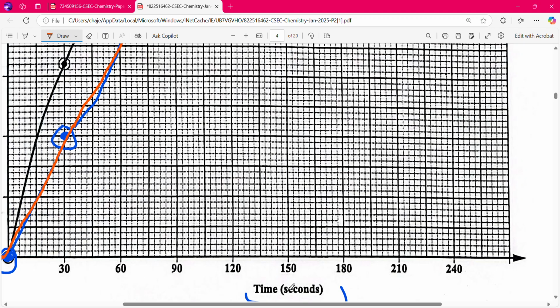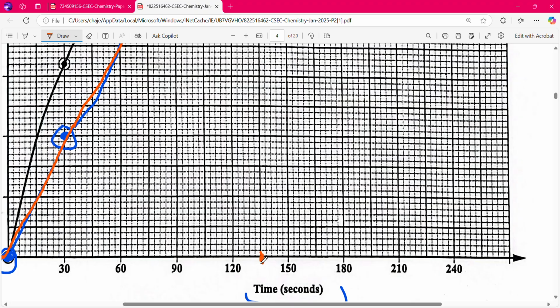135. The middle line. Let me see. So 120 plus 150 divided by 2. Yes, it would be the middle line.